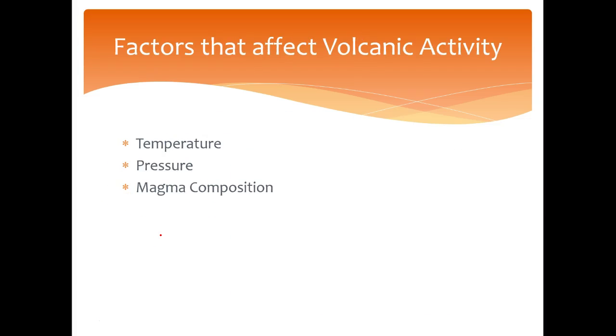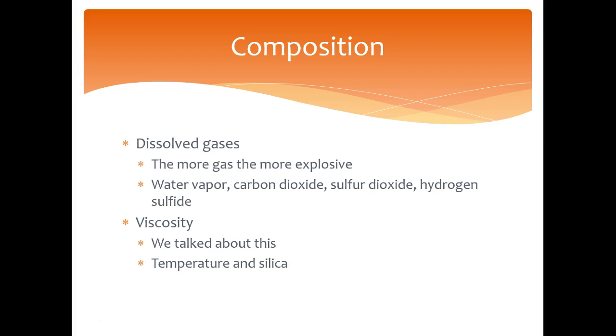Now, there are different factors that affect volcanic activity: pressure, temperature, and magma composition. When we say composition, we want to know, what is it made out of? So, dissolved gases. The more gas, the more explosive. Think about a 2 liter of pop. If it's been sitting on the shelf for 10 years, some of that gas escaped.